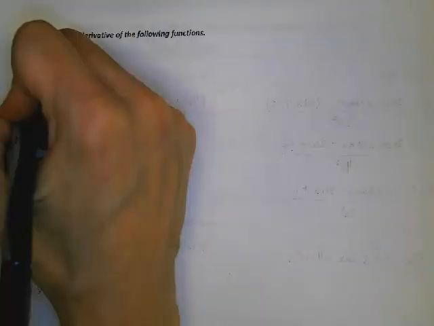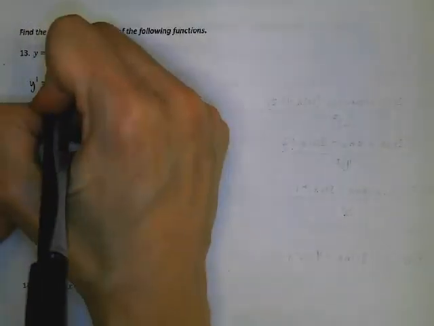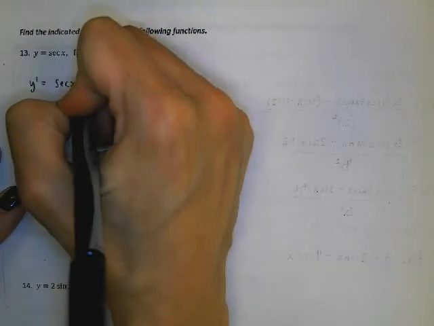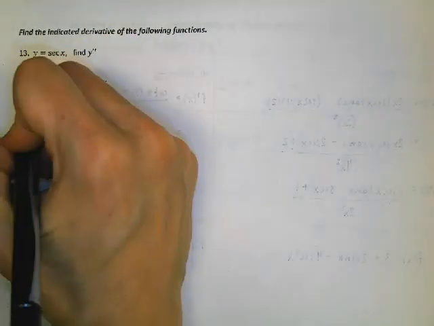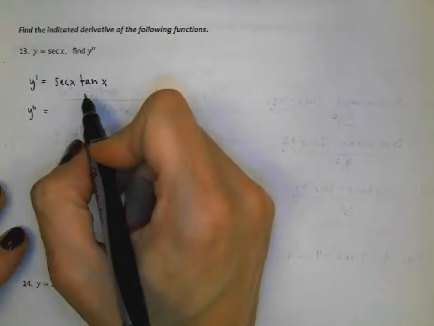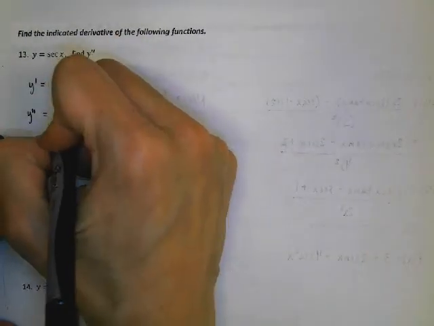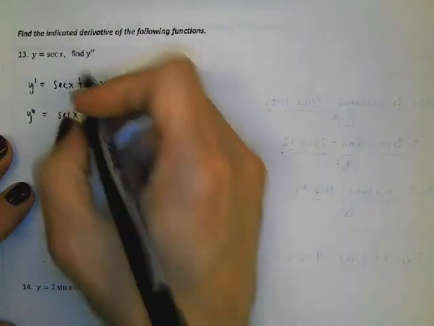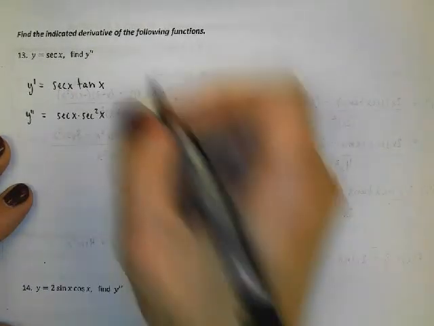So for 13, first we're going to find y prime. And I know the derivative of secant of x is secant x tangent x. Now, when I go to take that second derivative, I have to be careful because I'm going to need to use the product rule here. So now I have secant of x times the derivative of tangent x, which is secant squared of x.